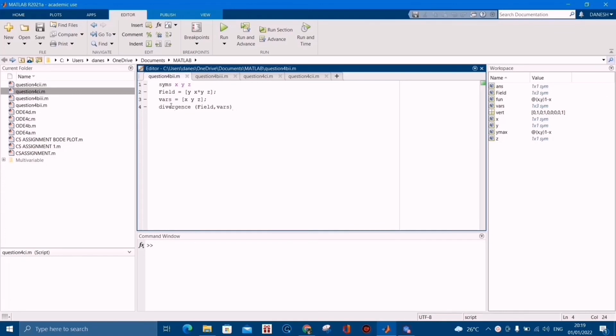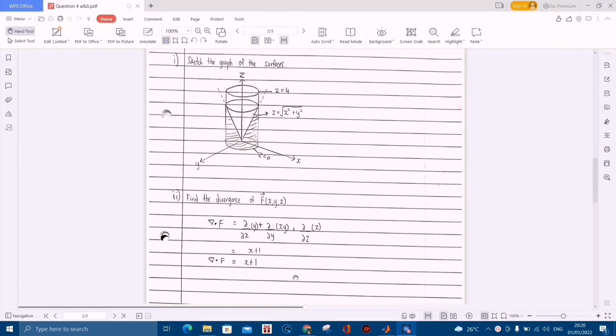So this is the code for finding the divergence. syms x y z, field equals y x times y z, divergence of the field with respect to x y z. So let's run it. So the answer will be x plus 1, which is also the same as our manual solution.